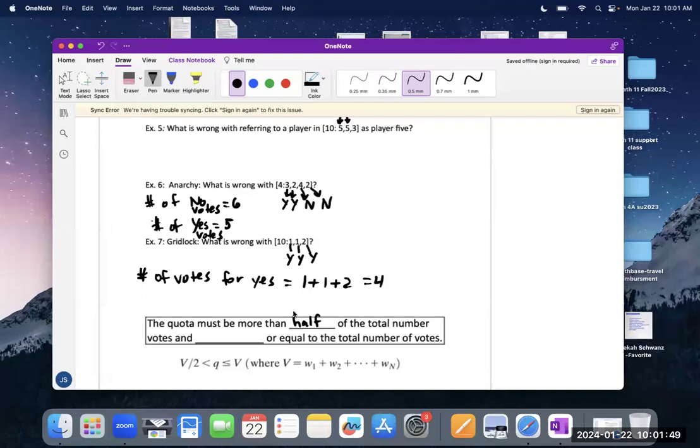And what's happening here is the quota is too big. So the quota can't be too small. That's what happened in the earlier situation, quota too small, and we had anarchy. Everybody got their way. And this example is where your quota is too big. Nobody is going to get their way.